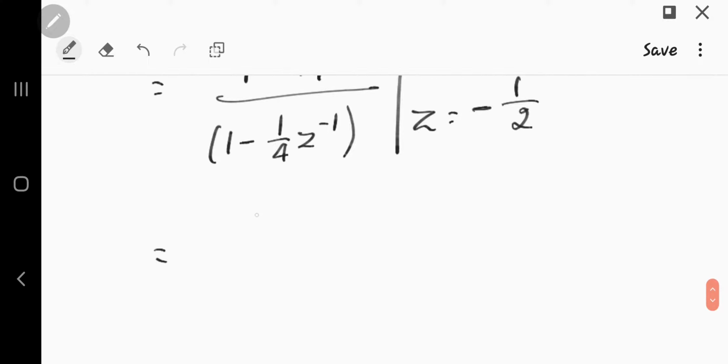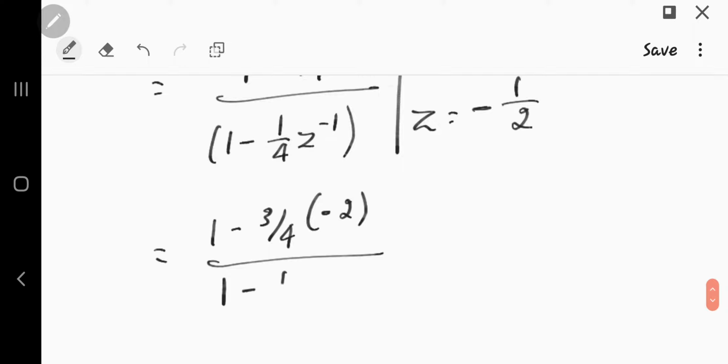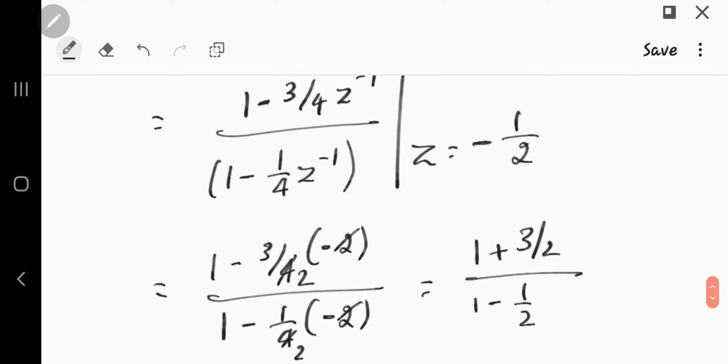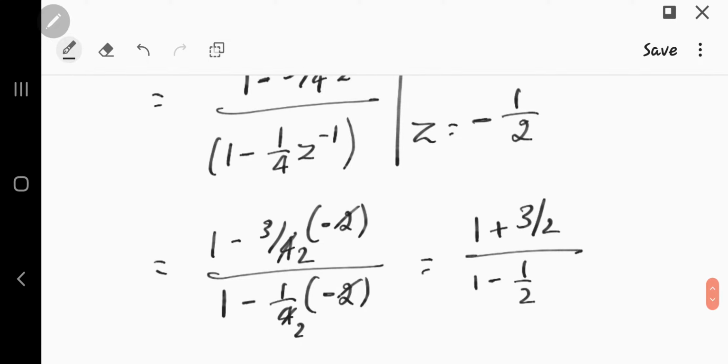Now substituting the value of z, 1 minus 3 by 4 into minus 2 divided by 1 minus 1 by 4 into minus 2. So 2 ones are 2, twos are 2, and again 2 ones are 2, twos are 2. So we will remain with minus into minus becoming plus, 1 plus 3 by 2 divided by 1 minus 1 by 2. Now if you go further, it's 1 plus 3 by 2.